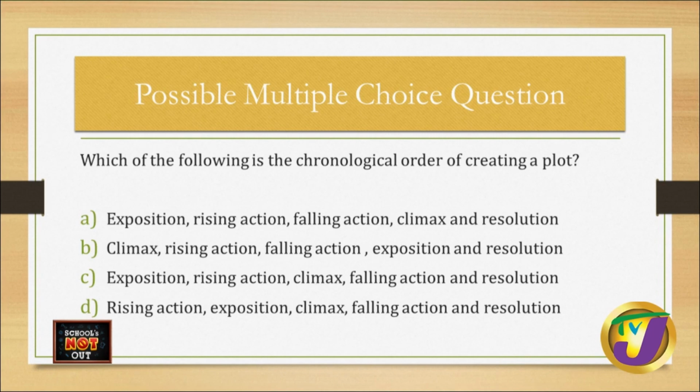It cannot be B, because it must start with the exposition, which is the introductory part. So it's either A or C. But it couldn't be A because what? Here, the falling action happened before the climax. So the correct answer is C.